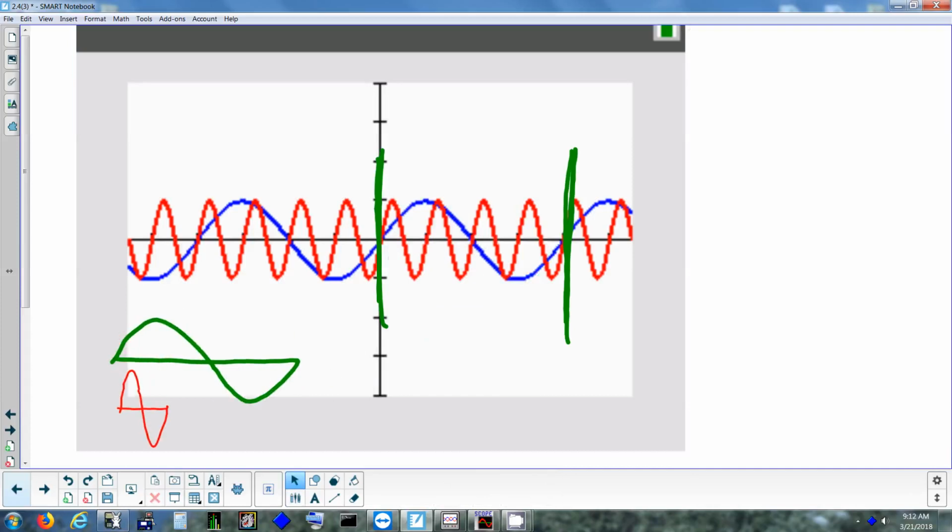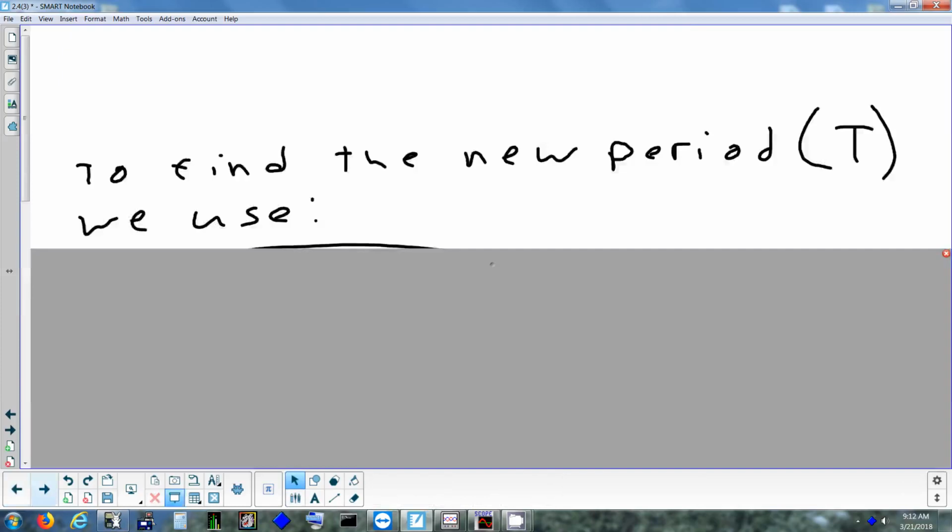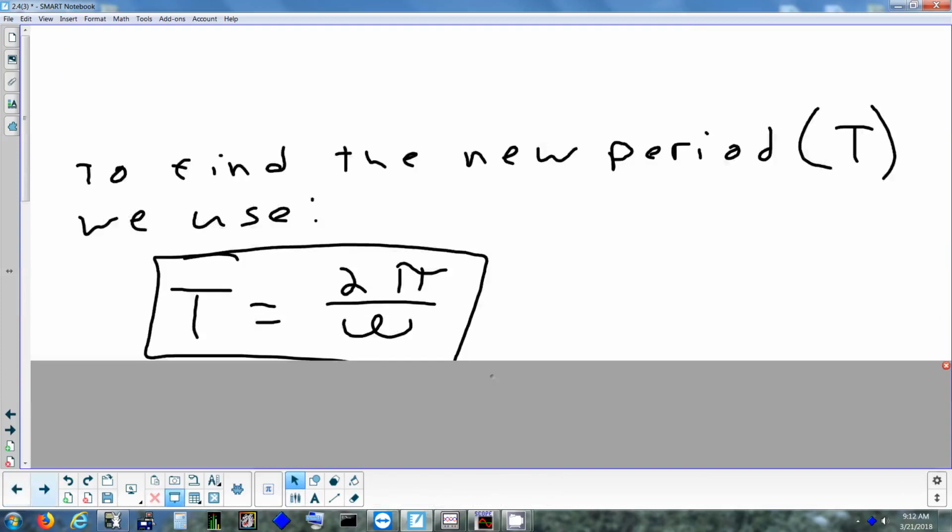So what we're going to figure out is a formula to find out how big the period is now. Originally it was 2 pi from here to here. Now it's shorter. It's a quarter of that. So how do we figure it out? Basically, to find the length of a new period, you take the original period, which is 2 pi, and you divide it by whatever number you put in front of x.